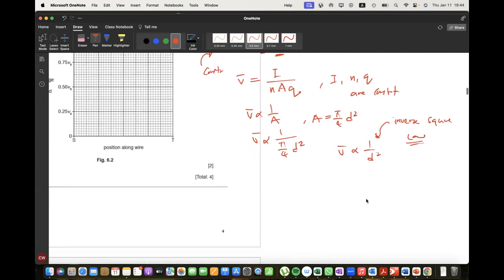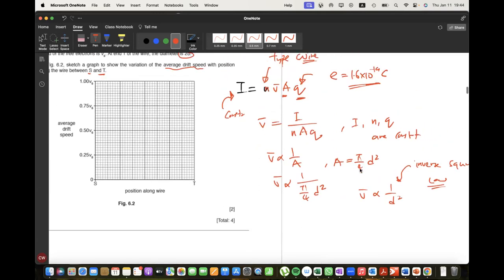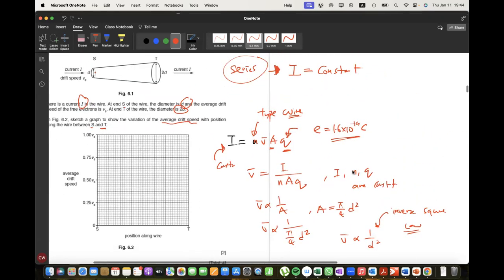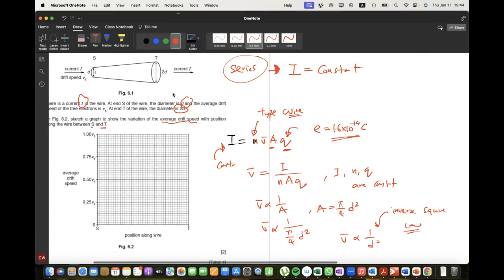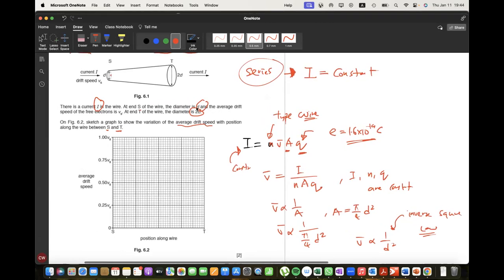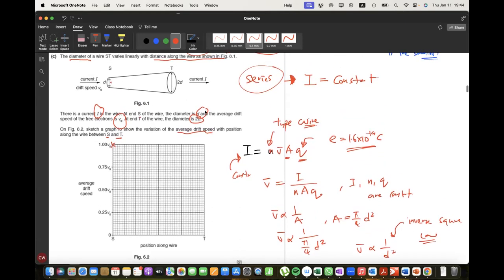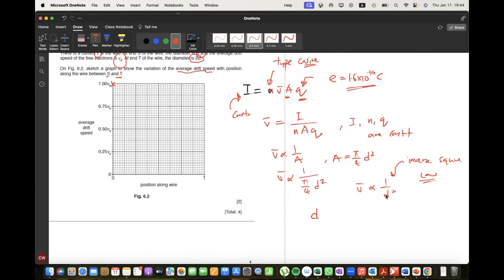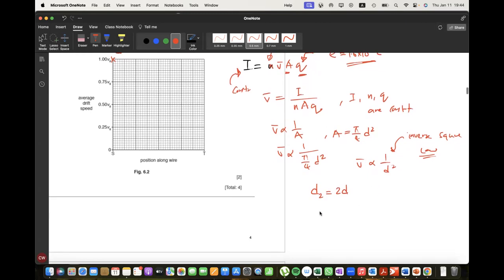With the inverse square law, you have to pay attention to the v. When the diameter is D, the drift velocity is Vs. That means the starting point is Vs. So what will happen when the diameter doubles? If the diameter is doubled, what will happen to the velocity? Inverse square law, you take 1 over the square of the previous number.